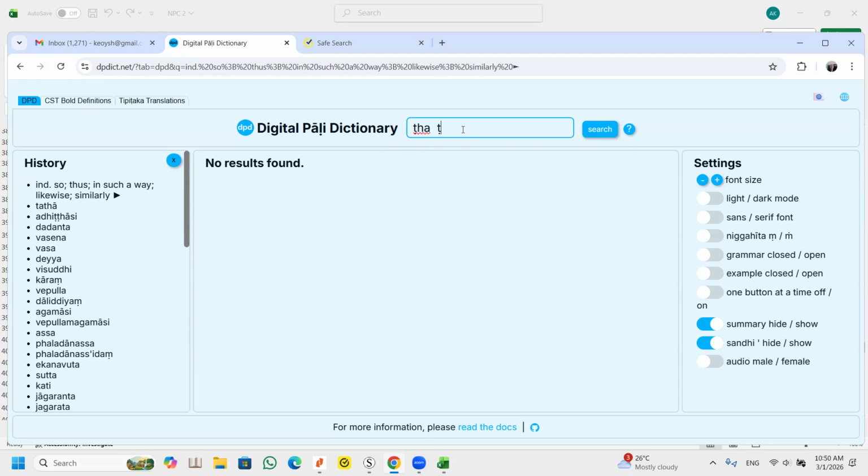So the first part becomes T. So theta T, that means you are going to use the first conjugation, third person, theta T. So theta T means he stands.